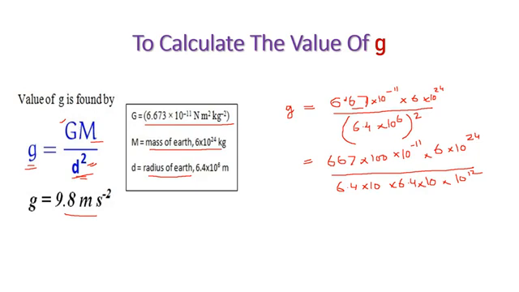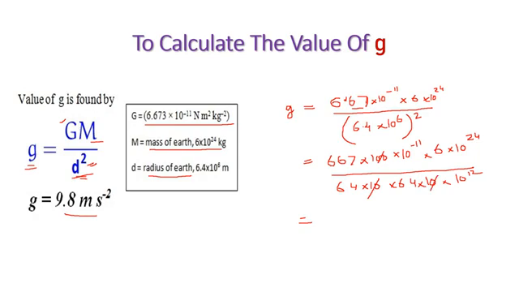Because I have to square it. Now there is 100 at the numerator and 100 at the denominator, so it will get cut, right children?